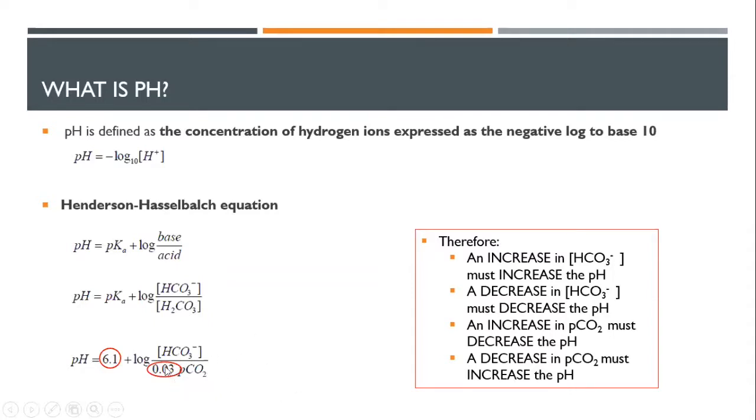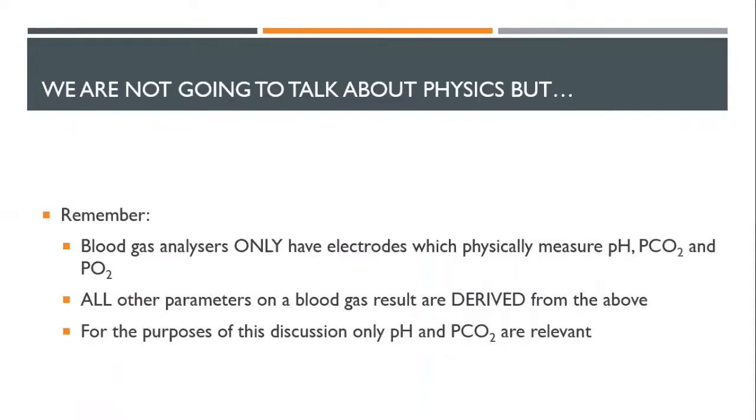Being the denominator, when your PCO2 increases, it's going to decrease that fraction, and your pH is going to have to decrease with an increase in PCO2, and the opposite is true for a decrease in PCO2. And this equation becomes important as we go along, remembering how PCO2 and bicarbonate and pH relate to one another.